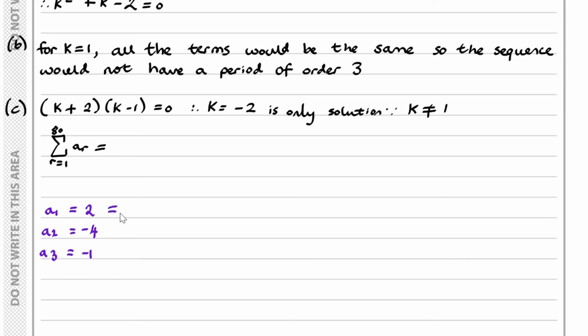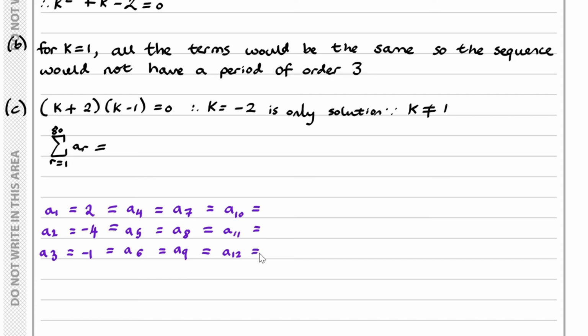Because we have a period of order 3, a1 is equal to a4, a2 is equal to a5, a3 is equal to a6, and we can continue this. So a7, a8, and a9 can be determined, so can a10, a11, and a12. And we can continue this.